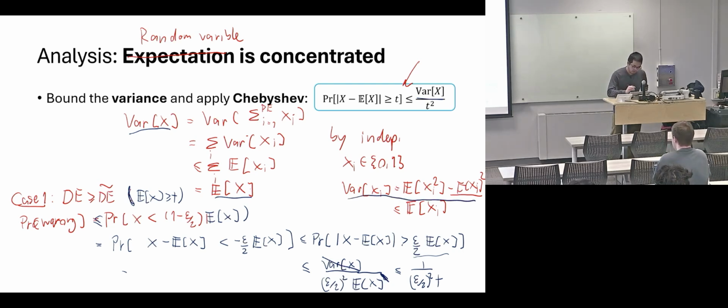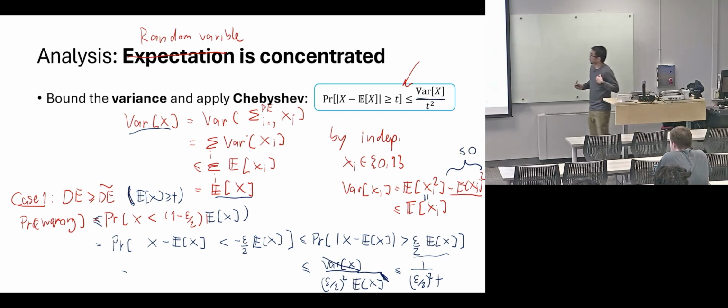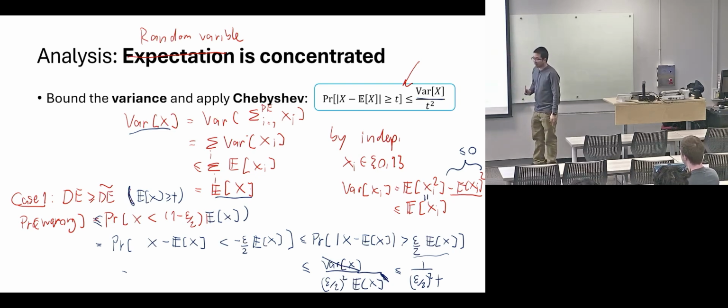And now the first term is exactly the same. So this whole thing is at most 0, because this is something squared. So this expectation squared is at least 0. Now I put a minus, so this is at most 0. Make sense? Okay.